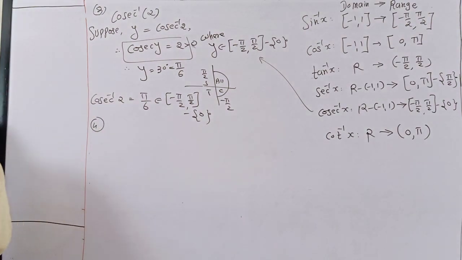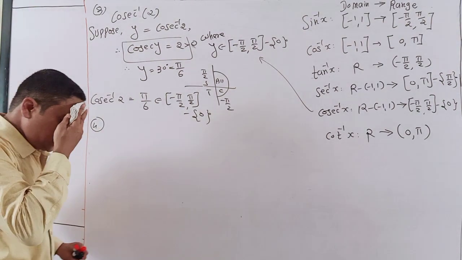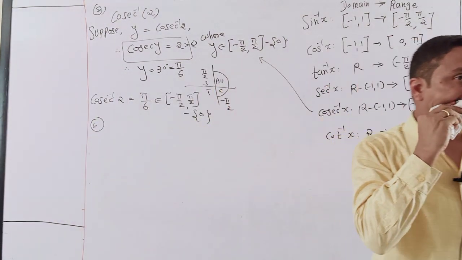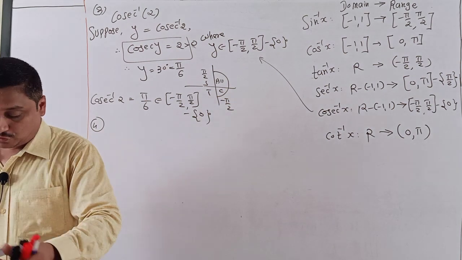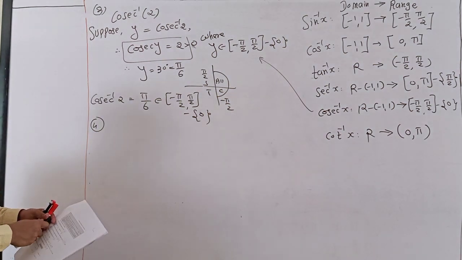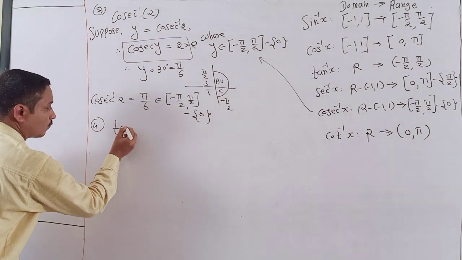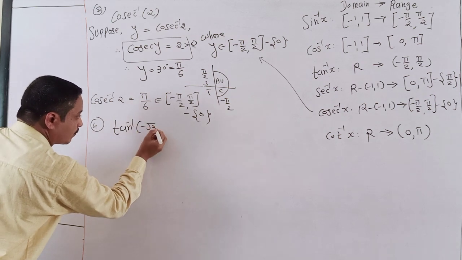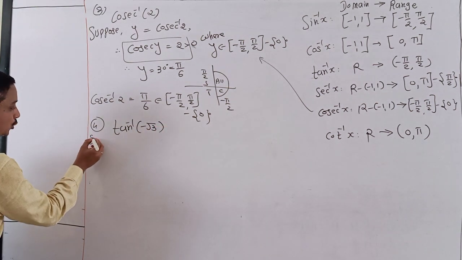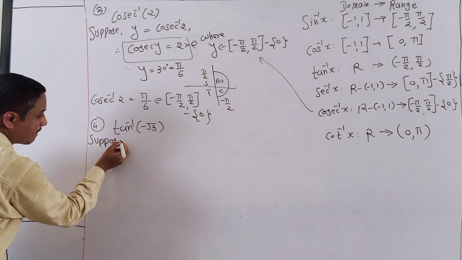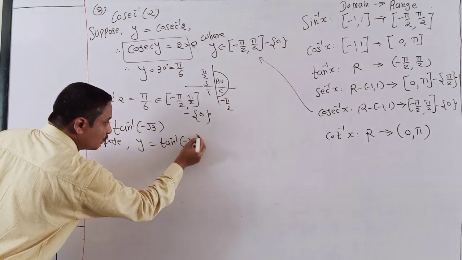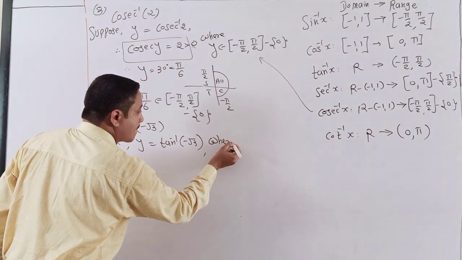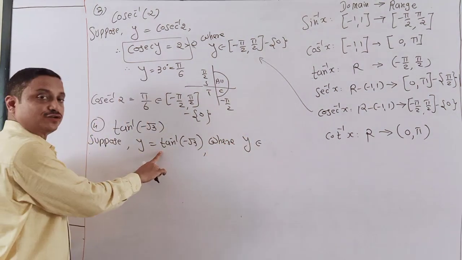Now students, continue with question number 4. The fourth one: tan inverse of minus root 3. Similarly, suppose y is equal to your question, where y belongs to the range of tan inverse.